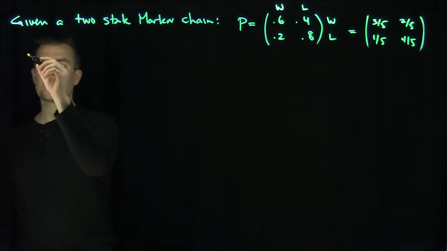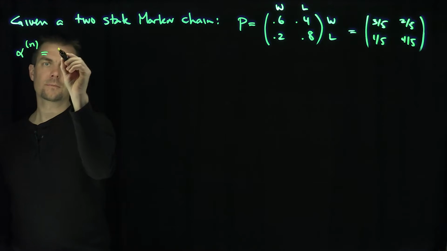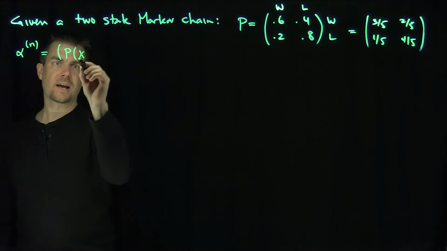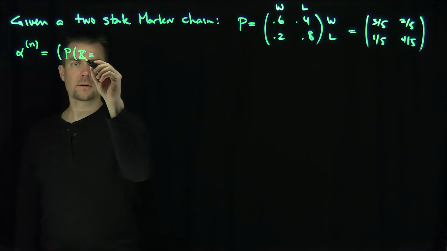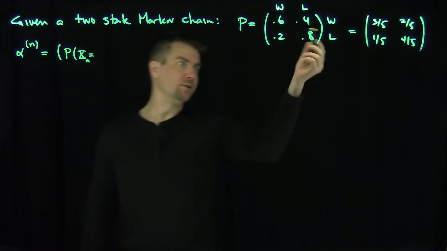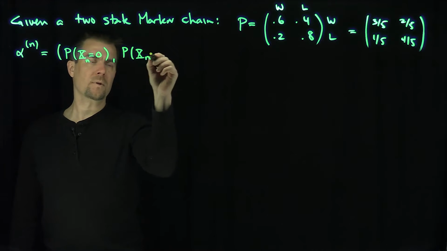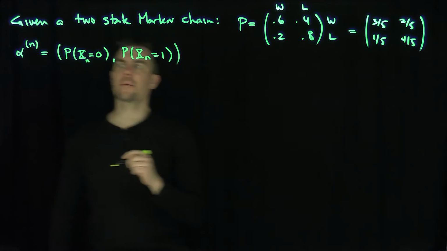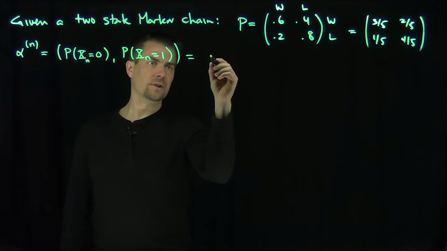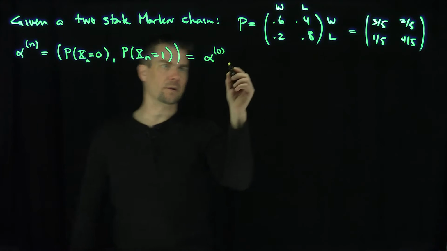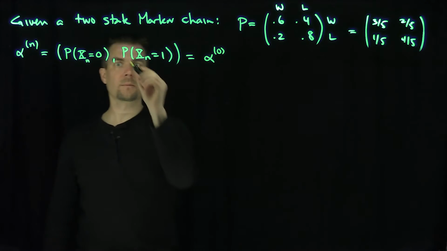So what do we know? We know that if alpha n is the distribution, the probability that X_n equals 0, the probability that X_n equals 1, then it is given by alpha 0, the initial probability configuration, times the matrix P to the power n, right?